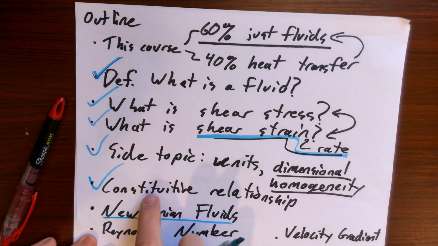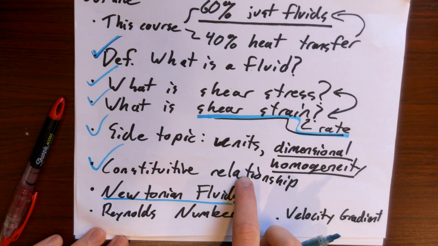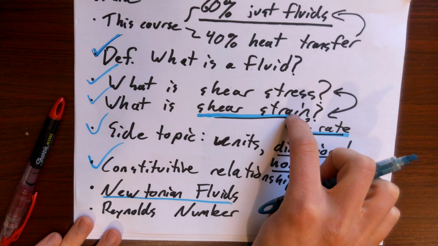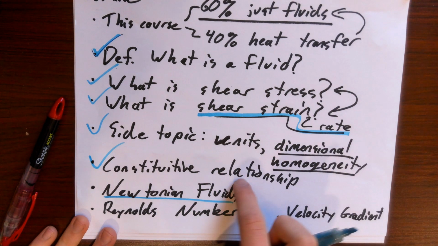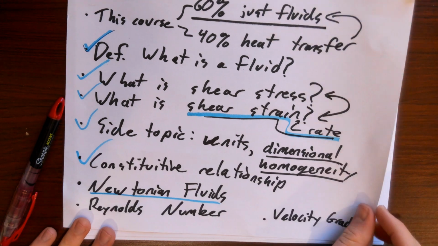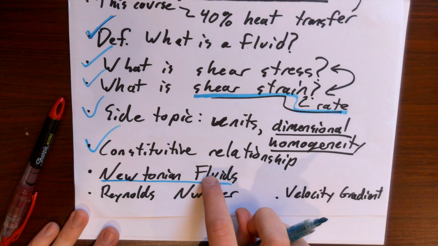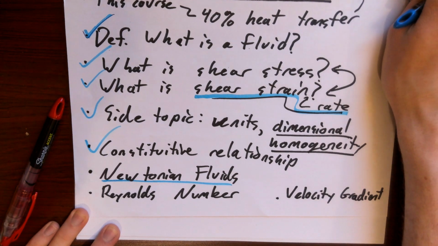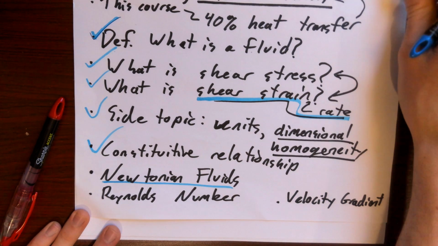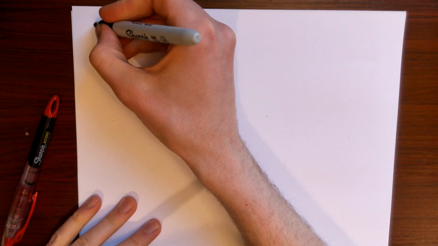So we've talked about in general what constitutive relationships are. They're relationships between shear stress and shear strain, or shear stress and shear strain rate. And we talked about a constitutive relationship for Hookean solids. Now let's talk about a constitutive relationship for fluids, the most useful and common and simplest of which is that for Newtonian fluids. So let's work it out.